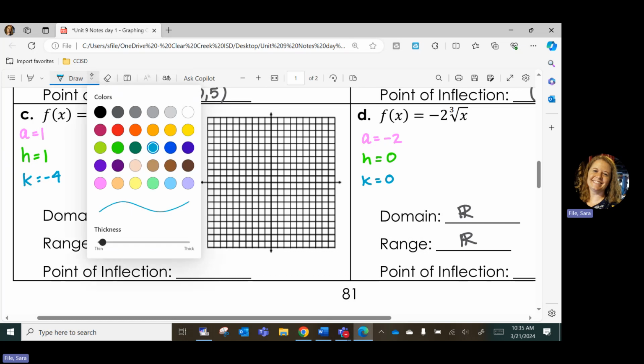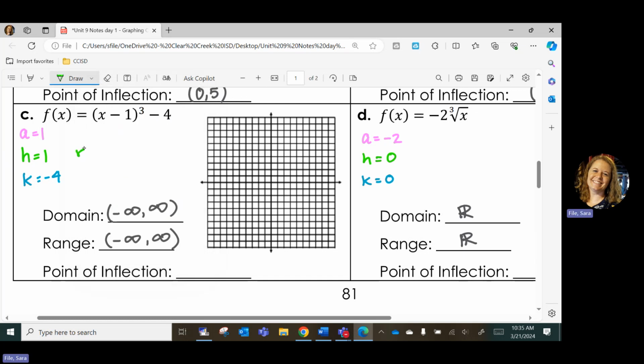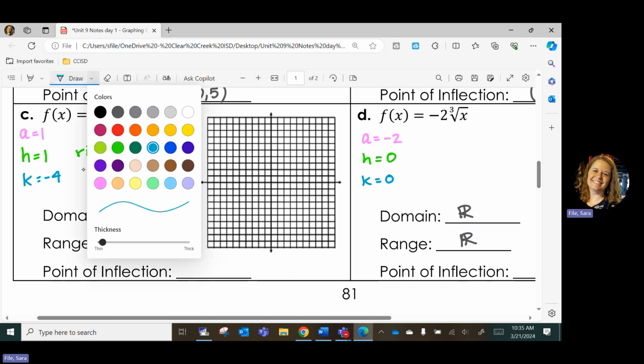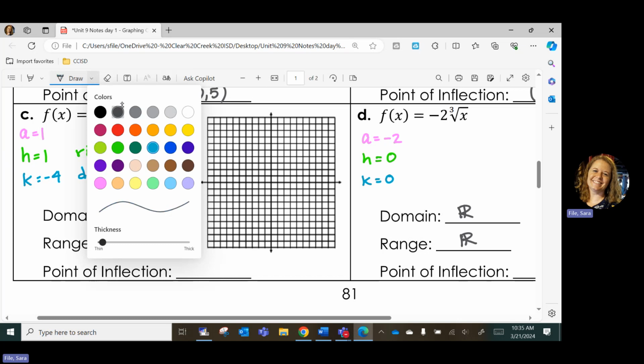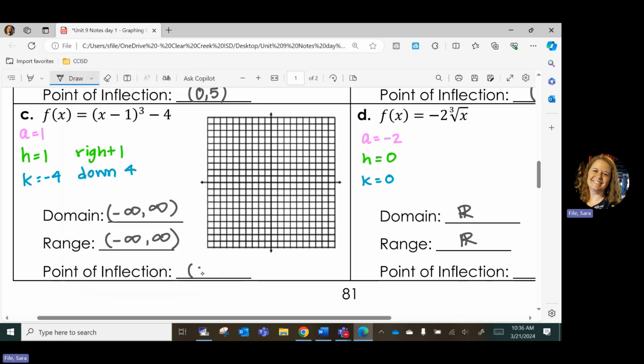All right, so here the H would move us right 1, and the K would move us down 4. Okay, our HK is at 1, negative 4.